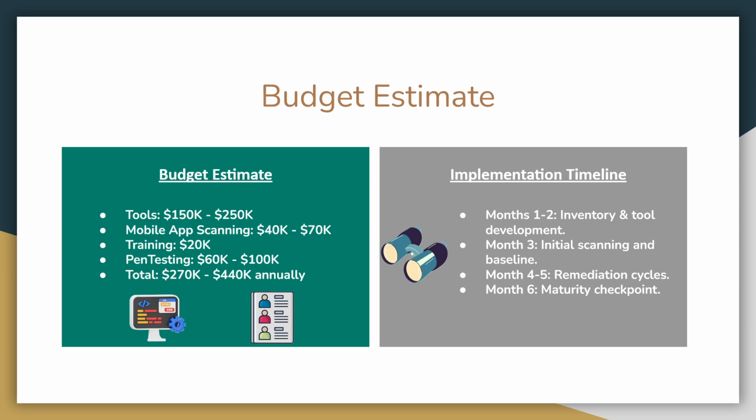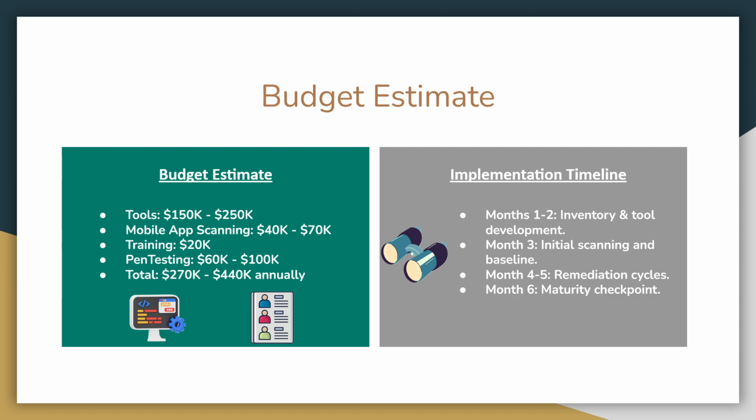Now for the budget. So we have the estimate. The estimated annual cost for the program is, for the vulnerability scanning tools, between 150,000 and 250,000. For the mobile application security scanner, from 40,000 to 70,000. For staff training and secure coding sessions, 20,000. And for penetration tests and third-party assessments, 60,000 to 100,000.